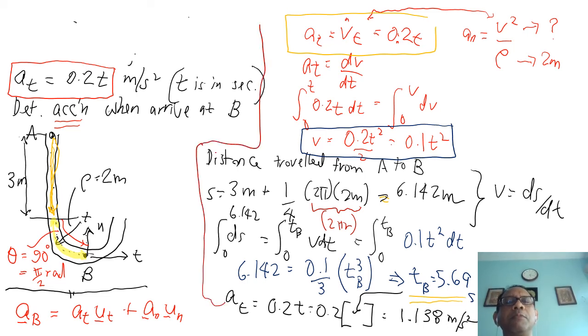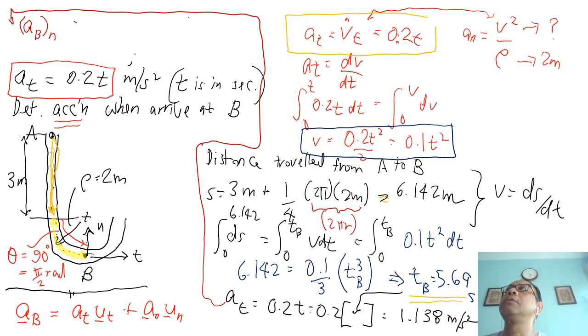When we move up here, we know that the normal acceleration at B, a_Bn, equals v square, the velocity of B, over rho.